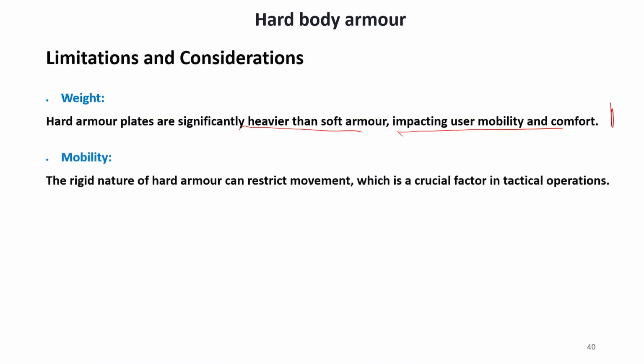Due to its rigid structure, it will restrict the movement of the wearer, and if the wearer does not move freely, then in critical conditions such as tactical operations, the body movement will be restricted and performance will not be optimum.